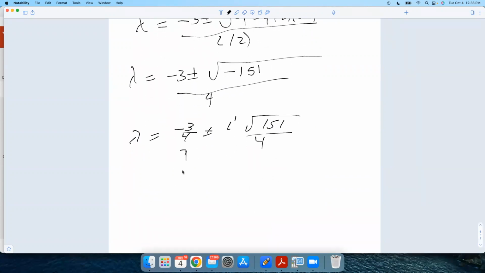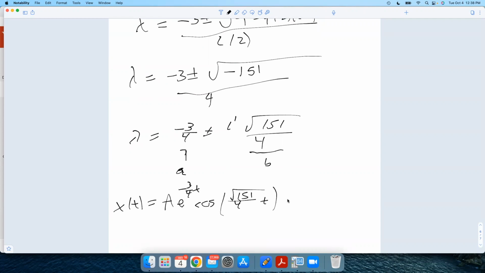That's my A in my complex number. That's my B. Don't use the i. Then my solution is x of t is some A e to the negative 3/4 t cosine of root 151 over 4 t.